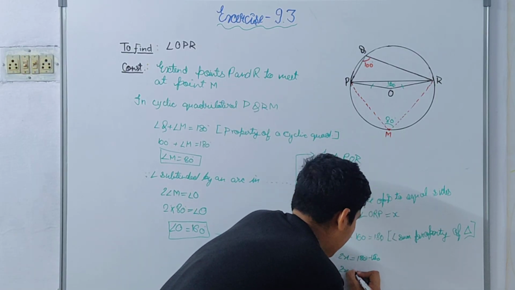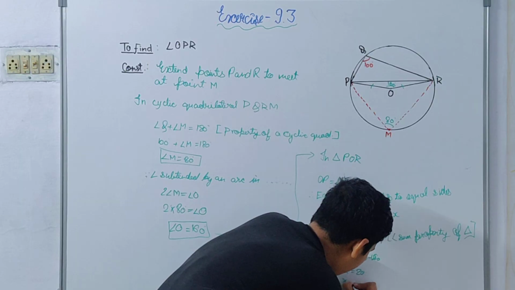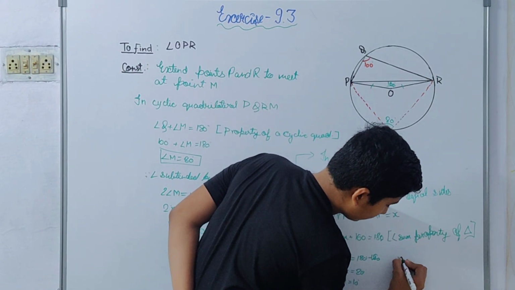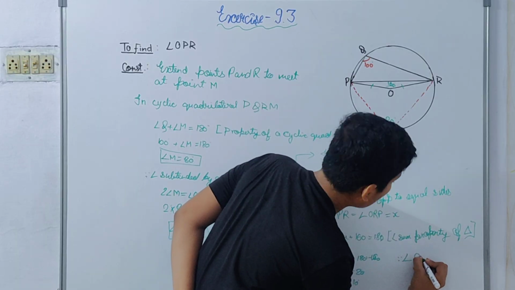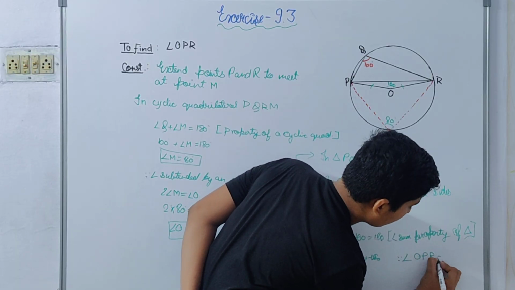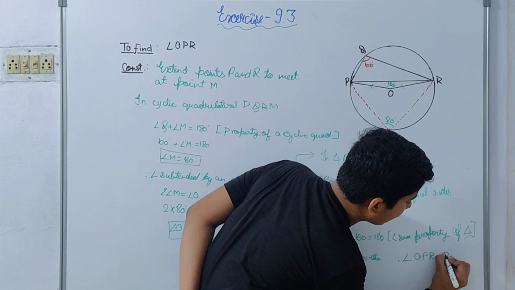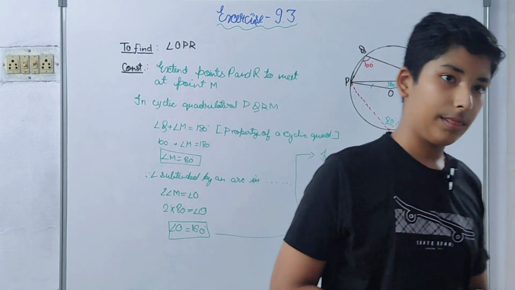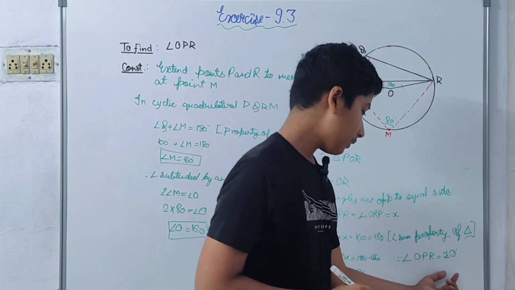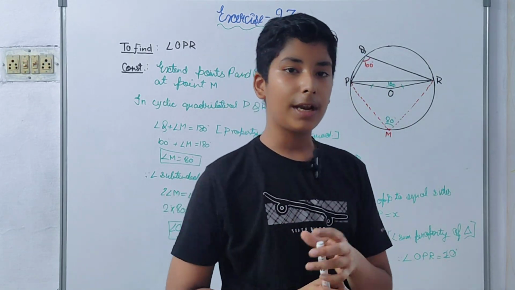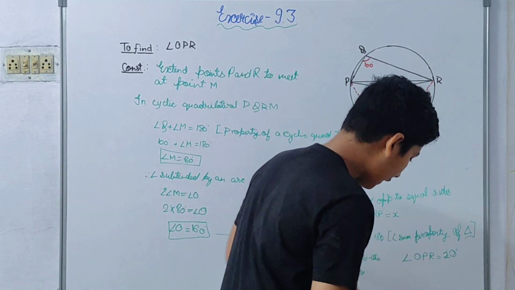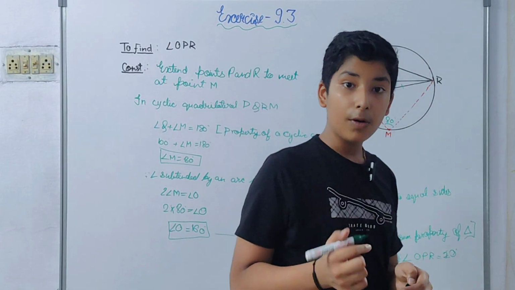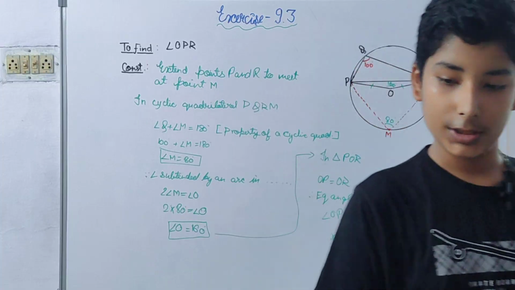So 2x equal to 20, x equal to 10 degree. Therefore, angle OPR equal to 10 degree. Hence, this is our answer. Now we further continue with our next question.